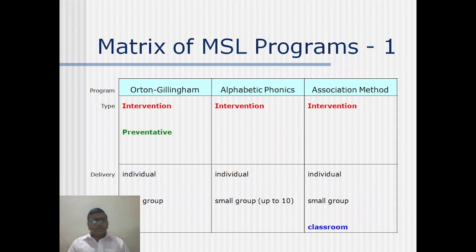Delivery, how we have to deliver the subject matter: it is individual in all 3 aspects. Whereas in Orton Gillingham the delivery of the lesson is for small group, in alphabetic phonics it is small group up to 10, and in association method it is similar to Orton Gillingham, small group.